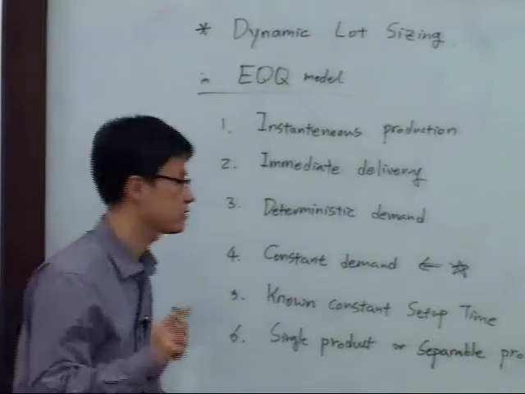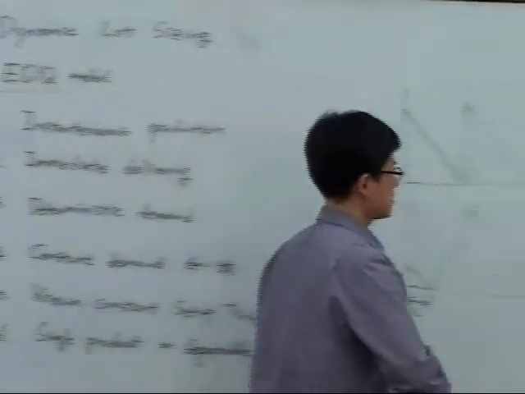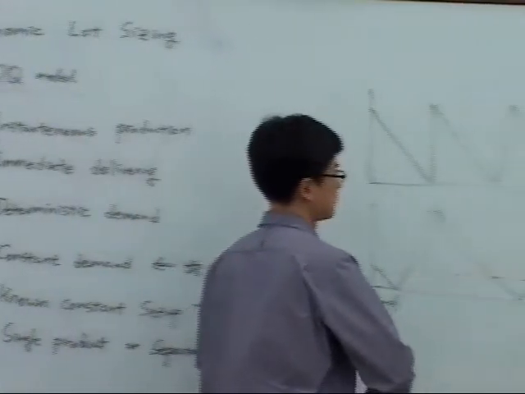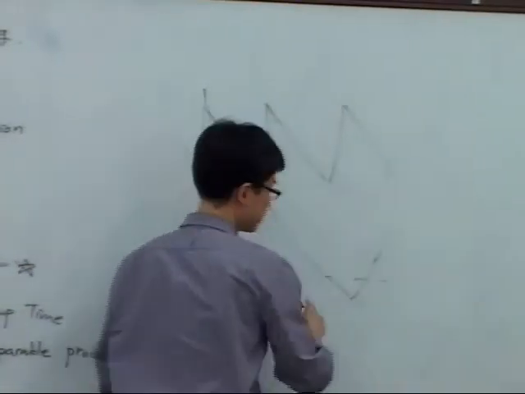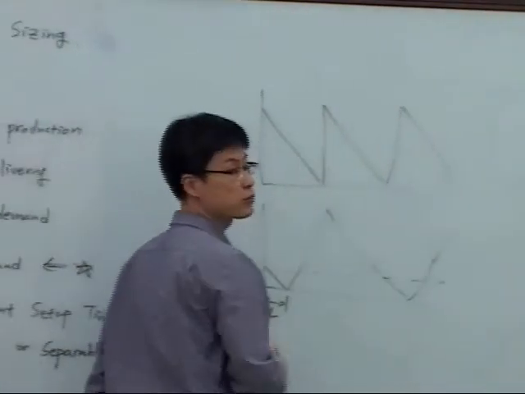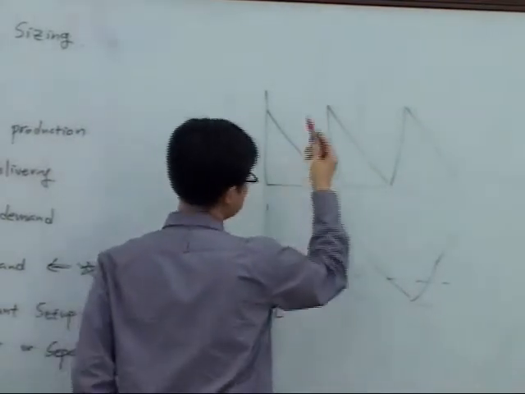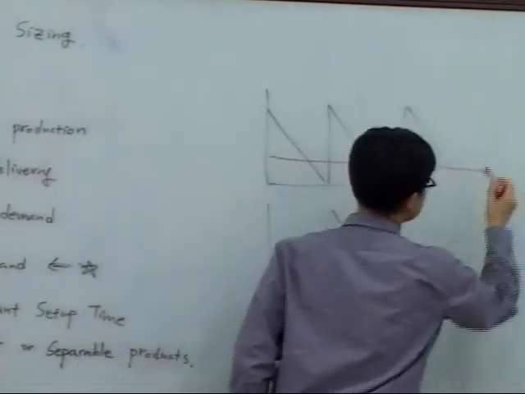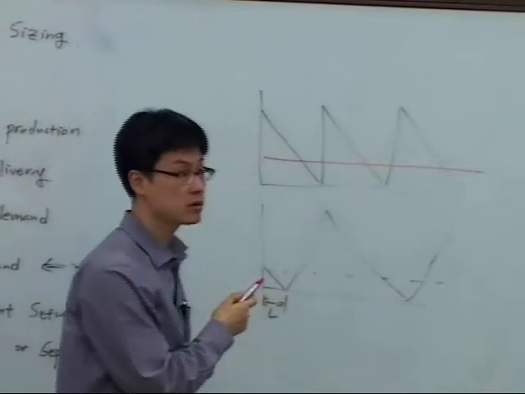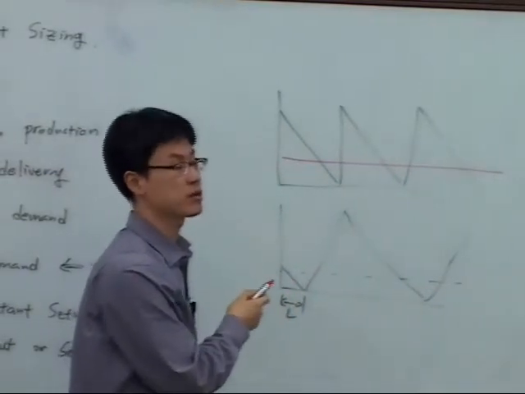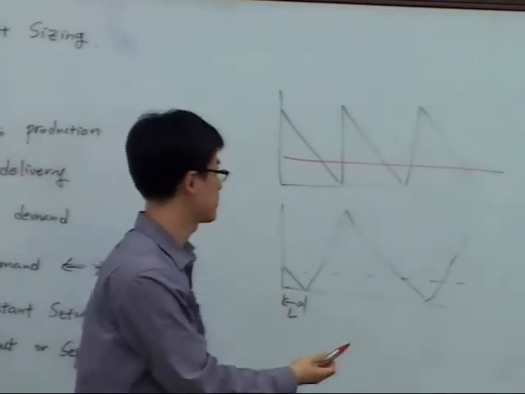Yep, right, exactly. It's like that. This is time. And for this EOQ model, we define D as constant and deterministic, since we know the value.